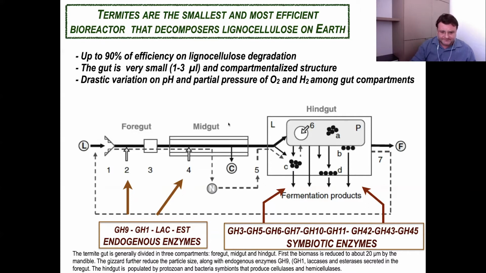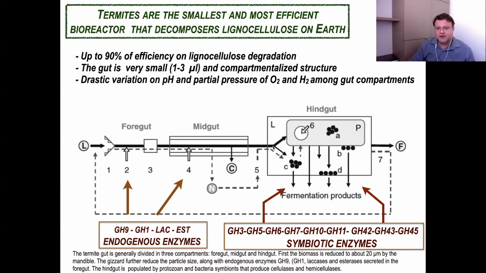And in the two initial compartments of the termite gut, the foregut and the midgut, endogenous enzymes are secreted: glycoside hydrolases, laccases, esterases.